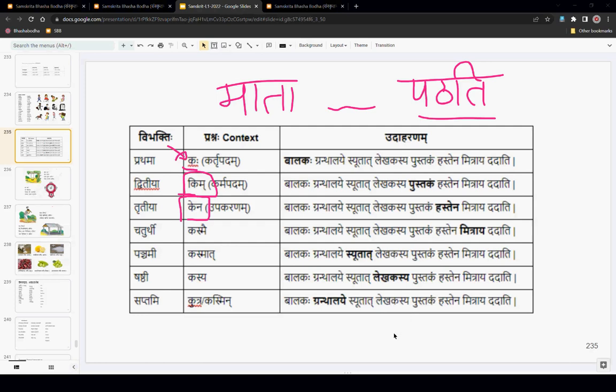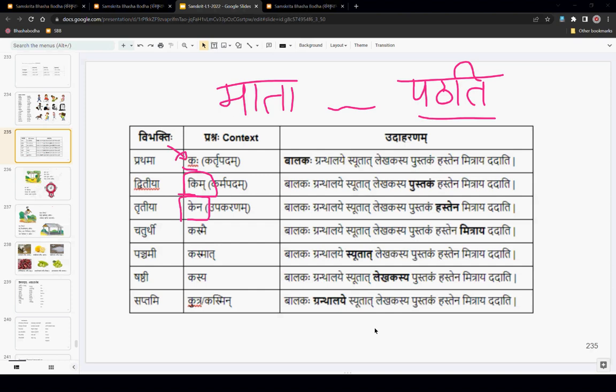Yeah, possible. Upanetrena pathati, or upanetrena pashyati. Pashyati is better. Kena pashyati? Upanetrena pashyati. This is Tritiya. Because the upanetra is the upakaranam, or instrument, we use it in the Tritiya Vibhakti. The question is also in the Tritiya: kena.